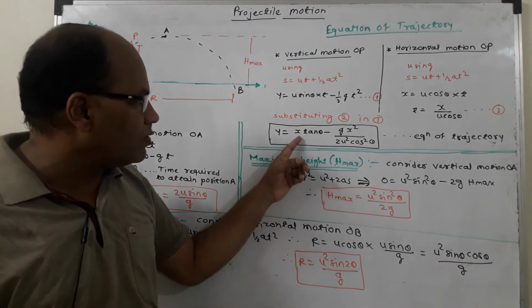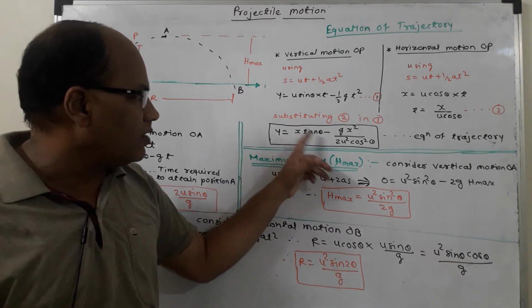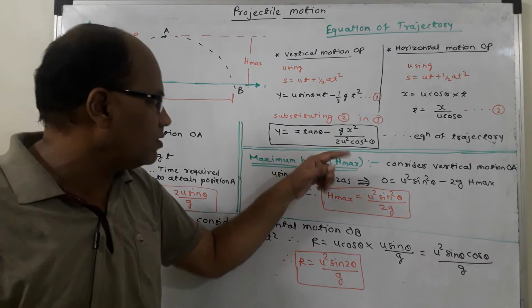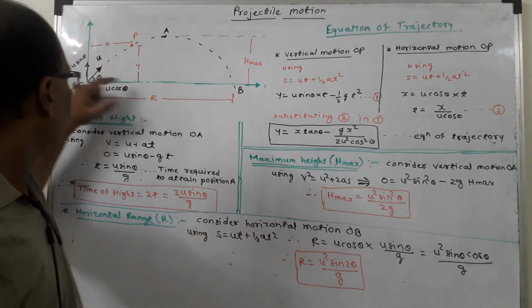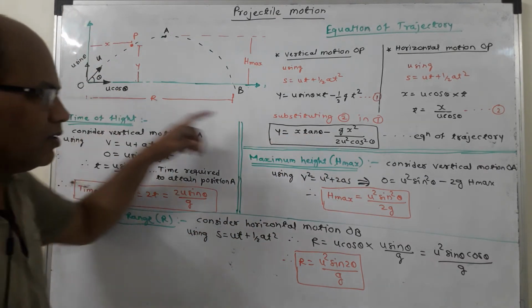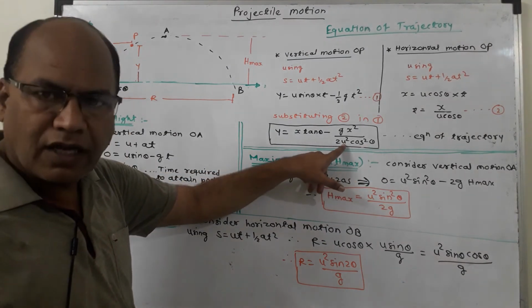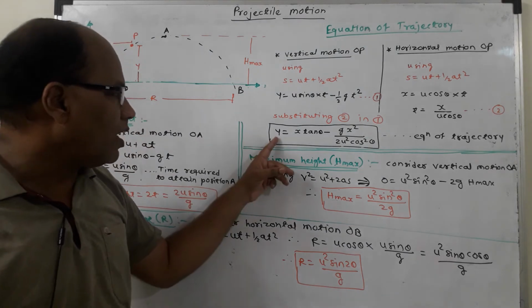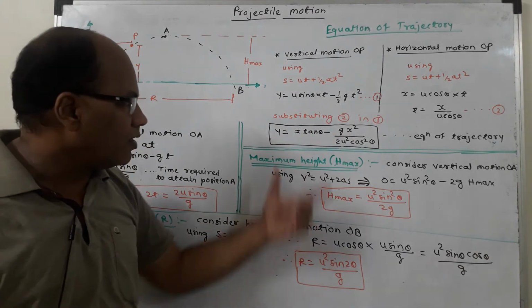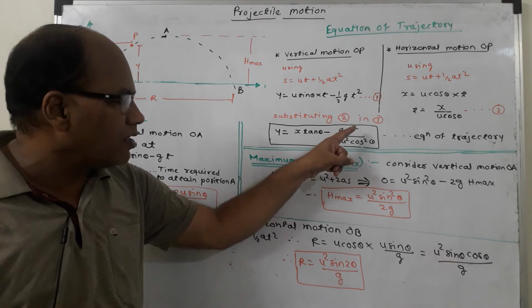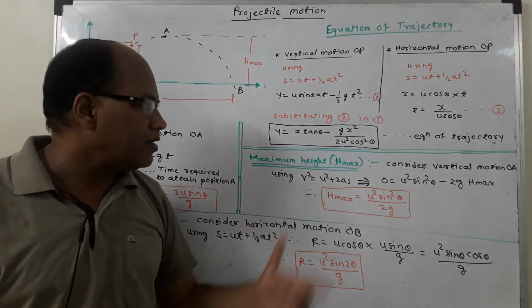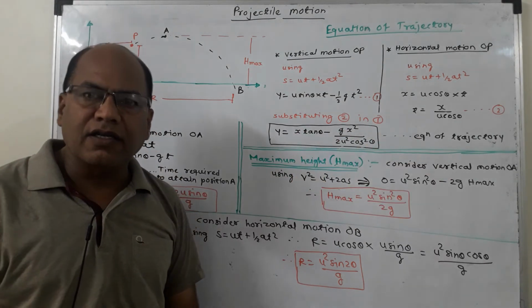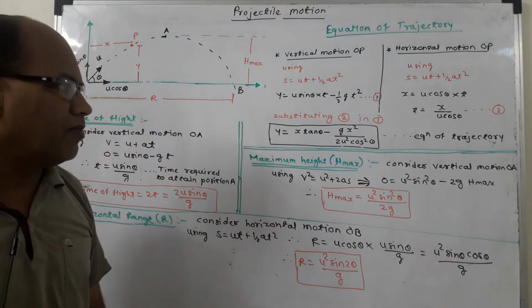Now if we observe this equation, theta can be considered a constant, and u can be considered a constant because it is the initial velocity. So y is a function of x and x square, and as the degree of x is 2, it indicates that it is an equation of a parabola, and that is why the trajectory of a projectile is a parabola.